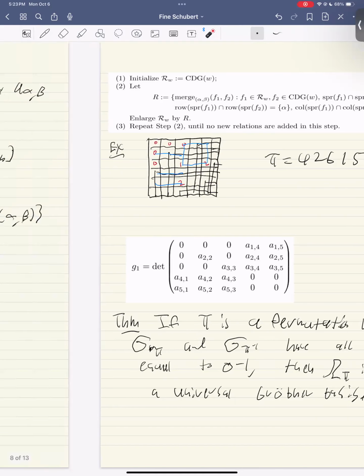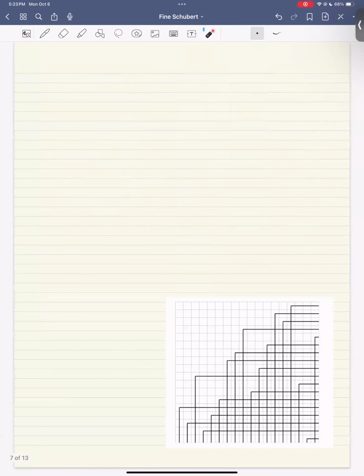It's given by avoiding a bunch of patterns. We also have a positive description of what these classes look like. This is a picture of a large permutation in this class, where the Schubert polynomials of pi and pi inverse are 0, 1.